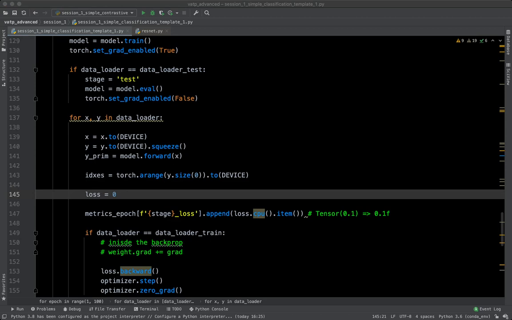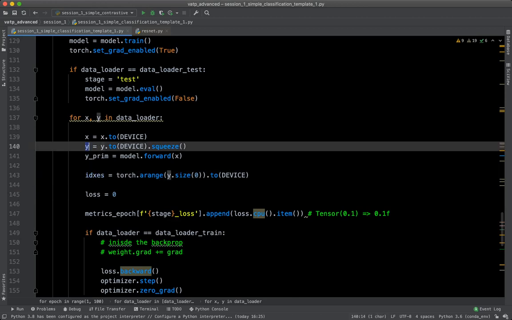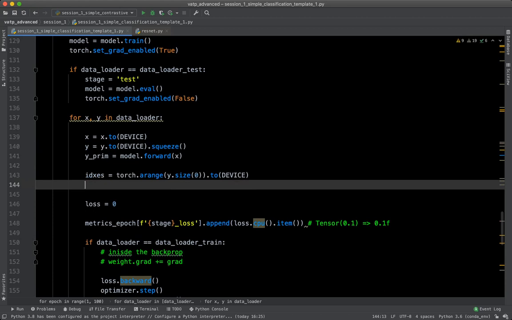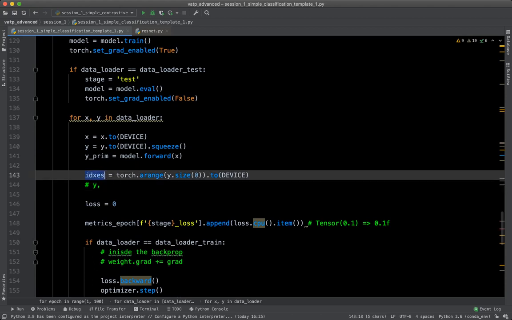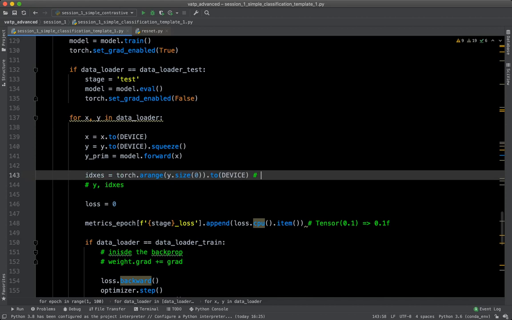So I even actually give you the indexes here, and you need to use y, you need to use indexes, this vector, for basically, if somebody knows TensorFlow, this is the idea of TensorFlow scan.